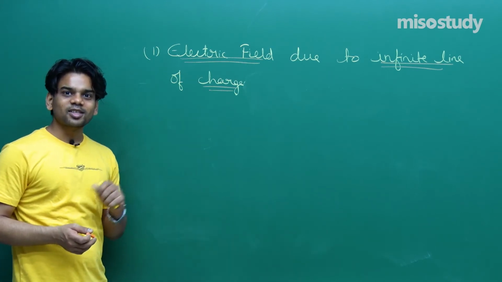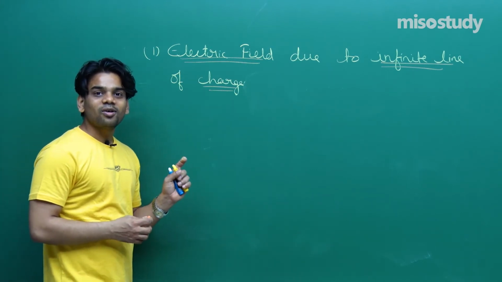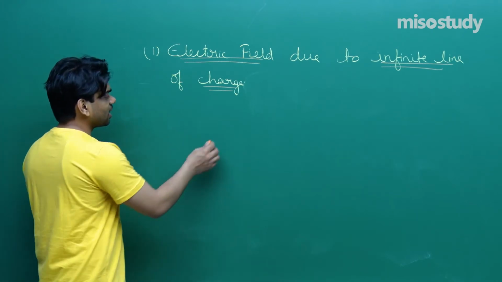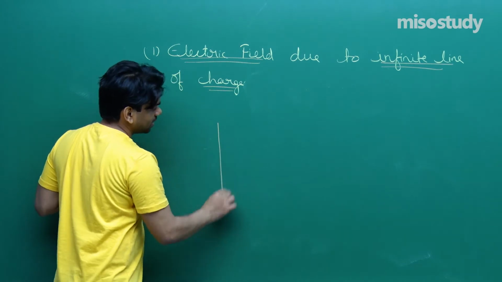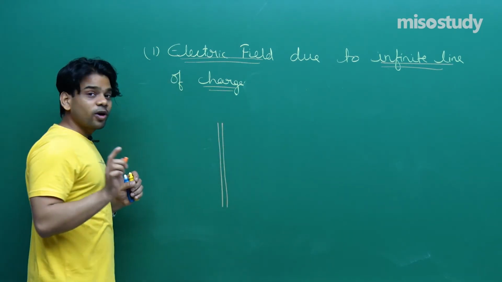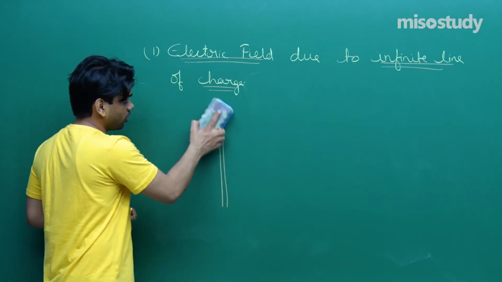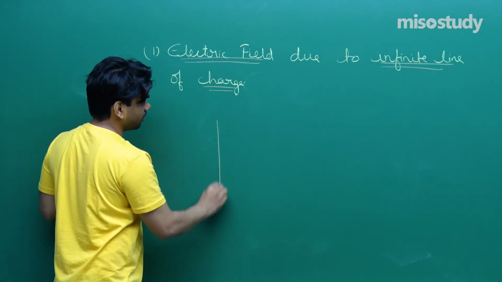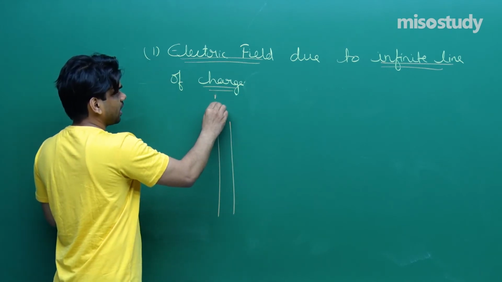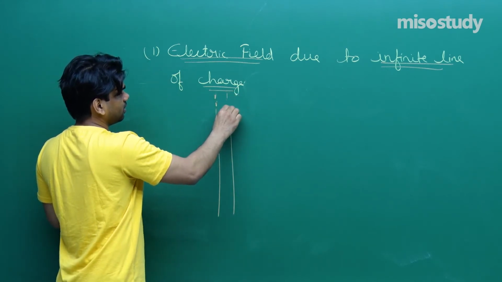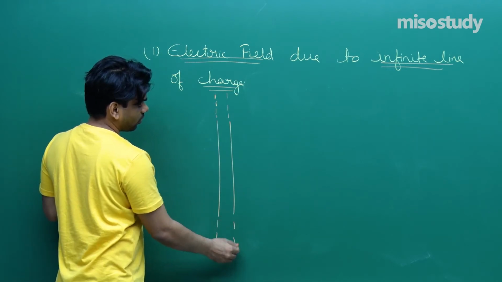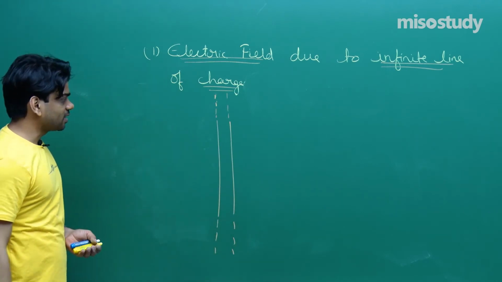Already we have done this in the previous sections, but I will tell you now how to apply Gauss law to find the electric field due to this line charge distribution. See, this is the charge distribution. For a finite wire we evaluated the electric field, and then we increased the length to find the electric field due to infinite charge distribution.